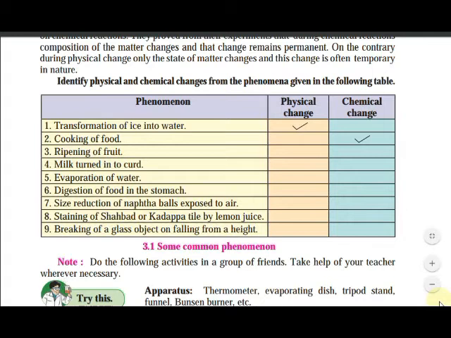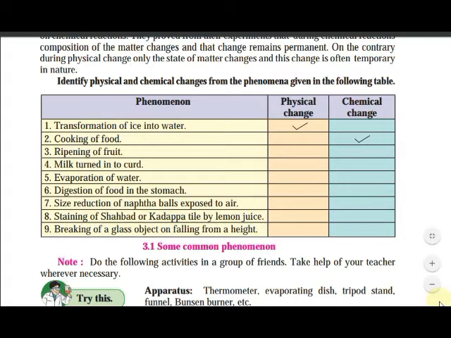Size reduction of naphthalene balls exposed to air. When naphthalene balls are exposed to air, what happens? The size of the balls reduces, decreases. Yes or no? Why? Because sublimation is seen over there.